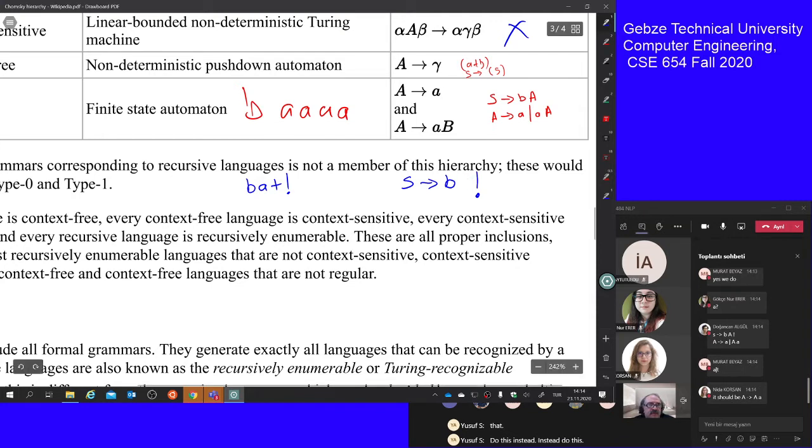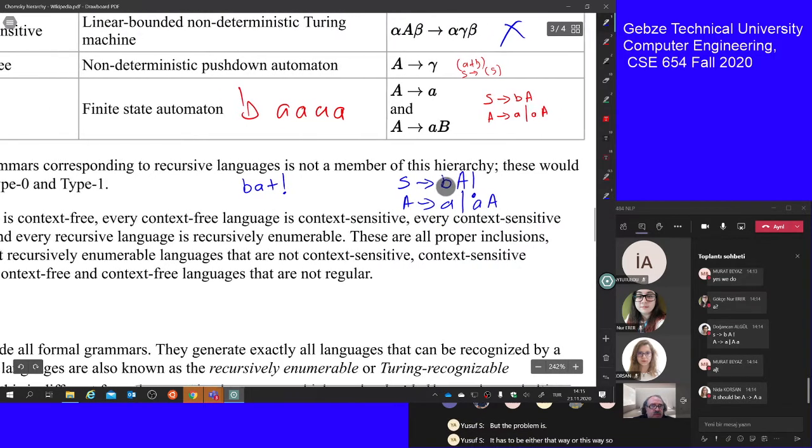So B A exclamation mark, and A is either A or AA, like that, right? But the problem is it has to be either that way or this way.